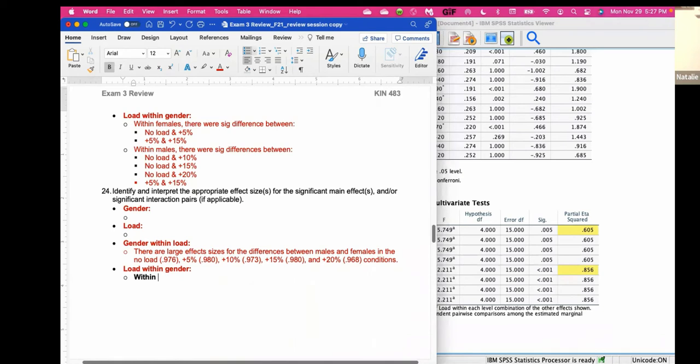So within females, I'm going to kind of like abbreviate or expedite some of these processes here. Within females, our effect size was 0.605, which is considered large. And within our males, the effect size was 0.856, also considered large.